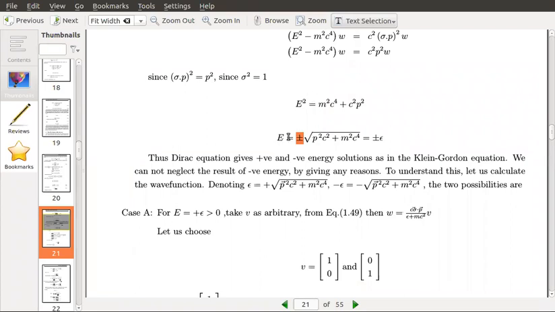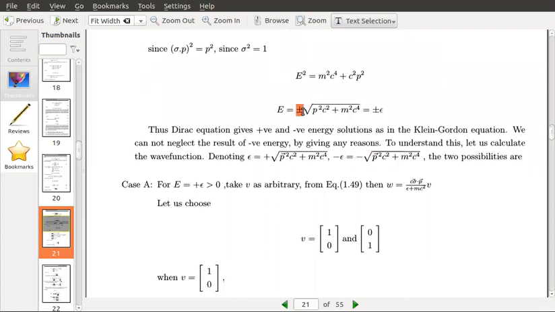Now you take the square root, so E equals plus or minus this quantity, root of c square p square plus m square c to the power of 4, that is plus or minus epsilon. So that is plus epsilon and minus epsilon. Epsilon equals this one; plus epsilon is the positive quantity and minus epsilon is the negative quantity, so epsilon is still the root of p square c square plus m square c to the power of 4.